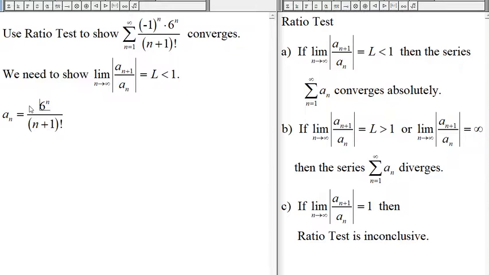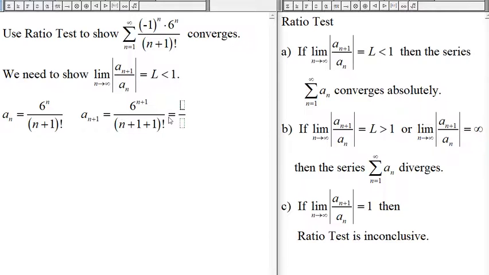And so we can go ahead and drop the negative 1. And then a sub n plus 1. Then in the place of n, we put n plus 1. So this n right here becomes n plus 1, and then this n becomes n plus 1.